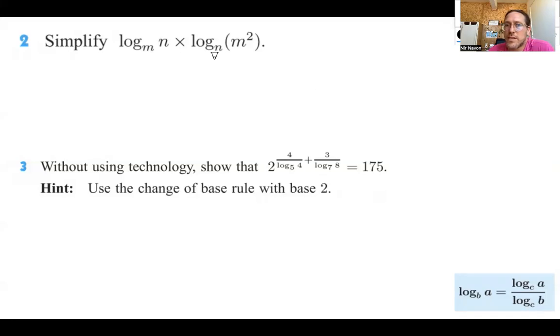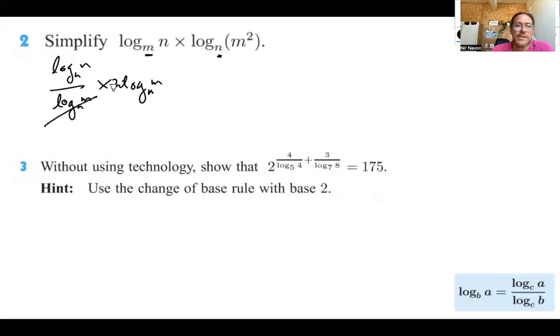So when do we use the change of base? You see here we have, in this case, an expression, but the bases are not the same, so we'll change both of them to be base n. So that would be log in base n of n over log in base n of m times, let's do that, so the power of 2, log 2 in base n of m.